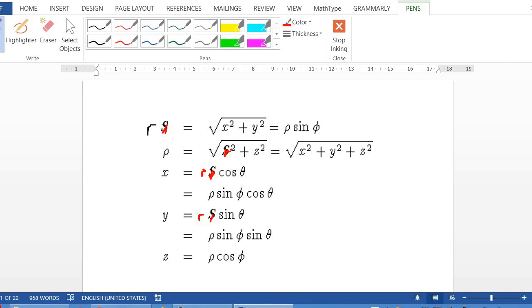And you know r squared is x squared plus y squared. That's why rho squared is x squared plus y squared plus z squared.